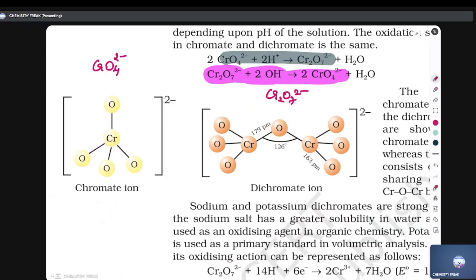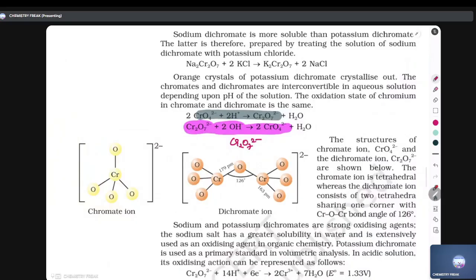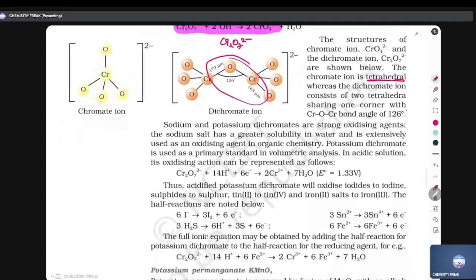Chromium is existing in plus 6 charge, so it has a completely filled inert gas configuration. Both of them are tetrahedral structures, and the bond angle and bond length are given. You have to mug up these compulsorily. Understood? Shall we go to the next?